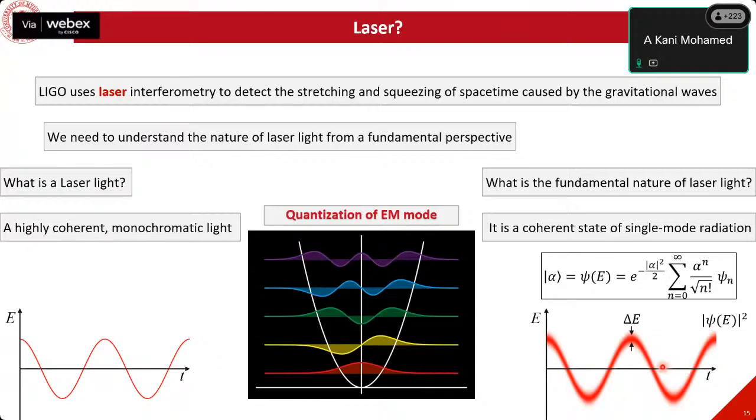This looks very similar to the classical description of the electromagnetic field, the coherent light, but it looks a little bit fuzzy because of the inherent quantum uncertainty. So laser light, from the fundamental point of view, is the coherent state.